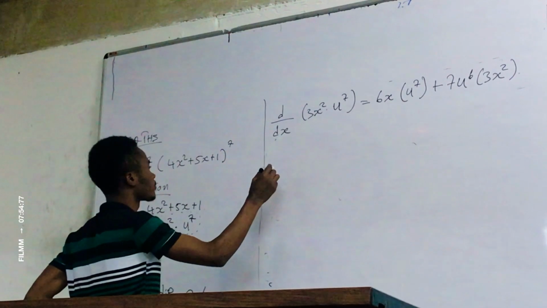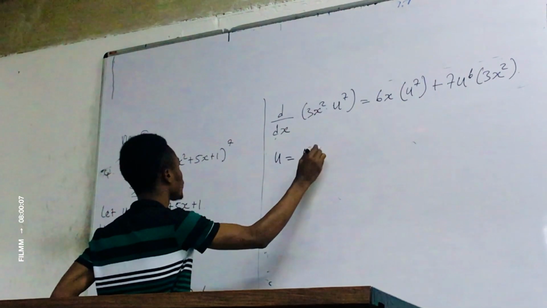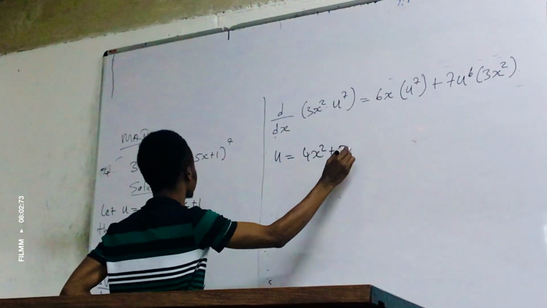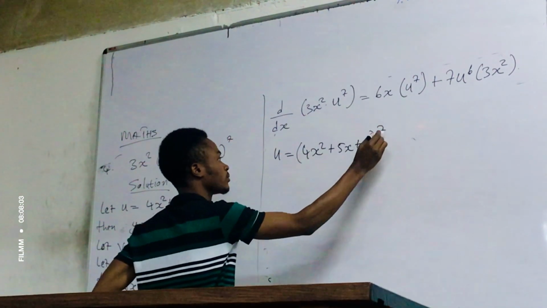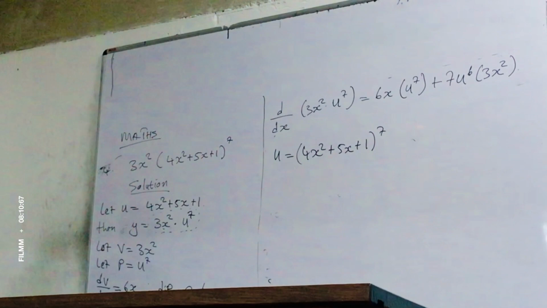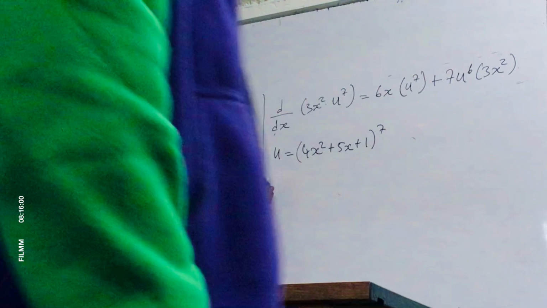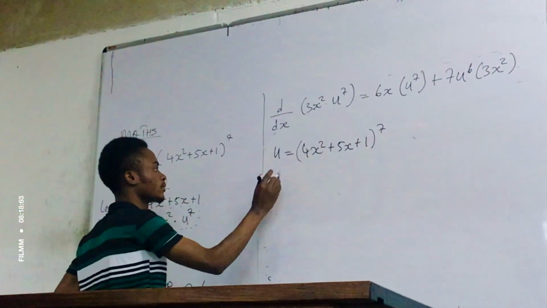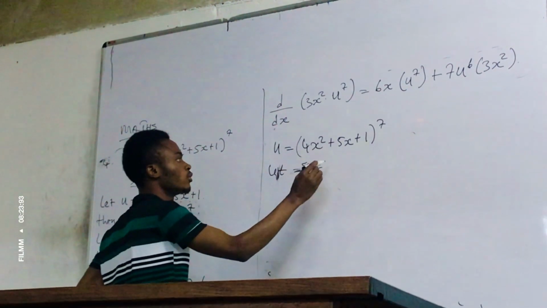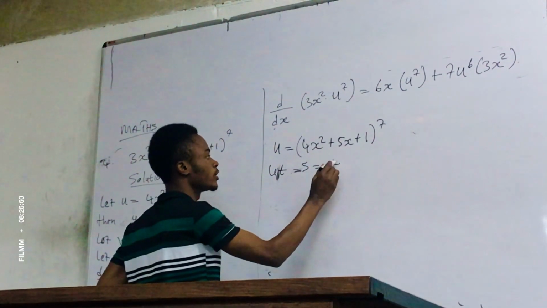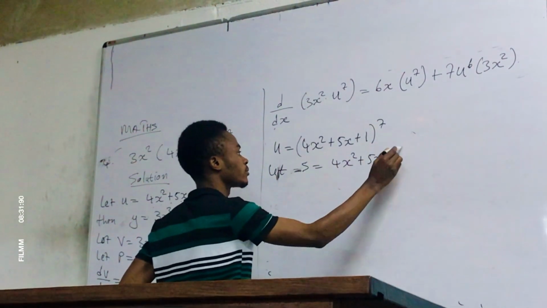So we are saying u is equal to 4x squared plus 5x plus 1, all to the power 7. And then let s be equal to what is inside, which is 4x squared plus 5x plus 1.